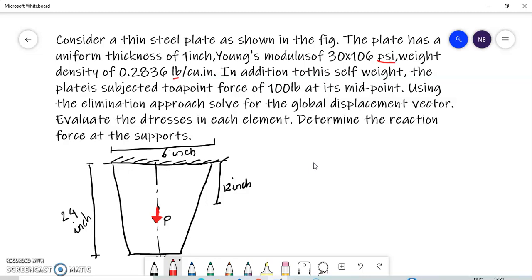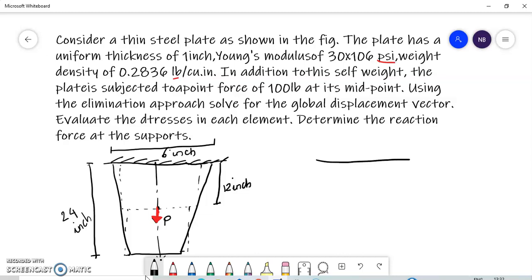We can start by dividing this element which is given to us into two elements. So we will divide it at the point of application of the force. So this is how we are going to divide it.